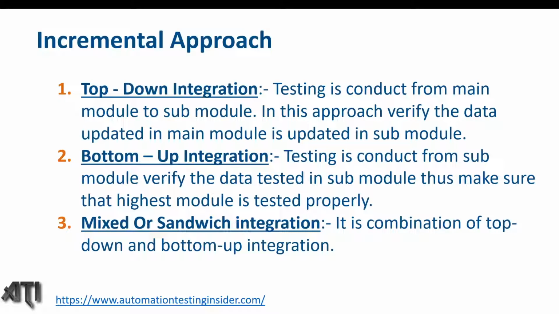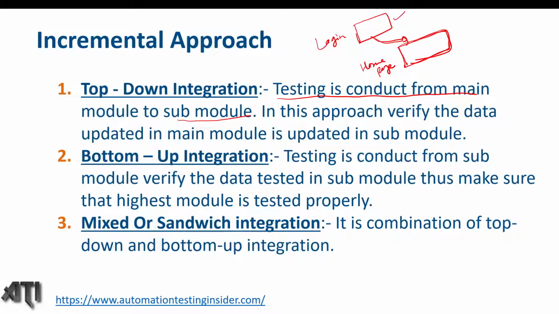So what do you mean by top down? Testing is conducted from the main module to the sub module. In this approach, we verify that the data updated in the main module is updated in the sub module. Let's take an example of a login page and home page. We'll integrate the login with the home page first.